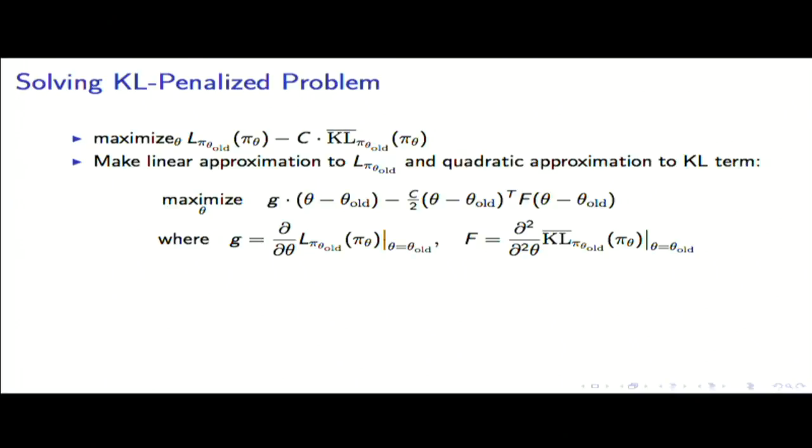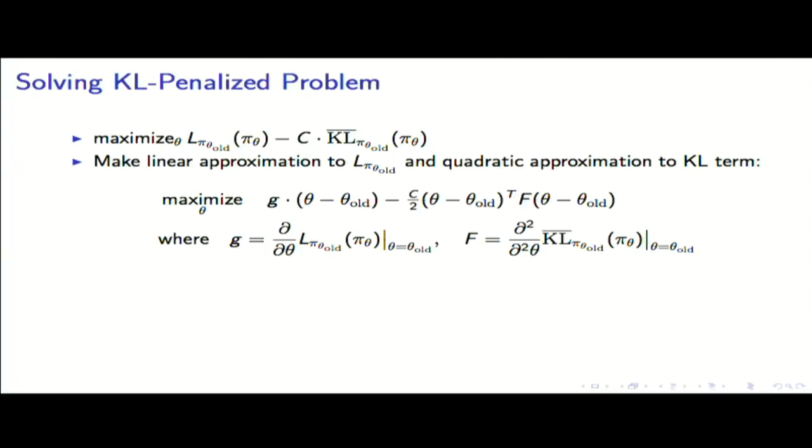The linear approximation to the surrogate L is just our gradient of L times the change in theta. And then we're going to construct a quadratic approximation to our KL divergence term, which we can write as just a quadratic form, this quadratic term here.